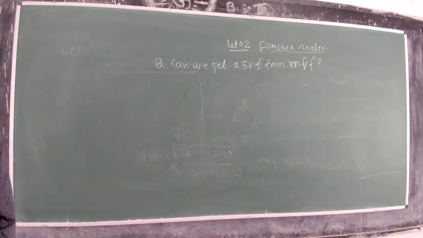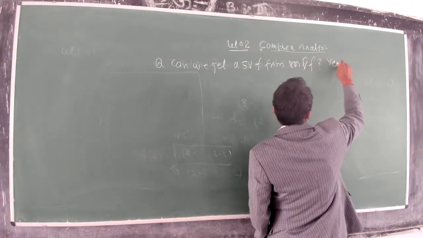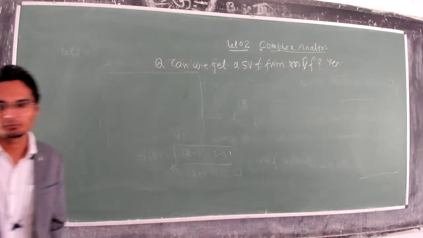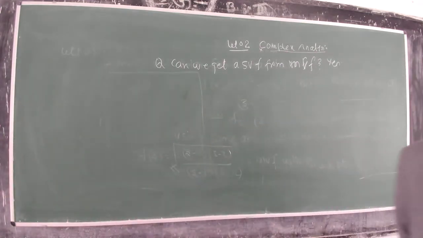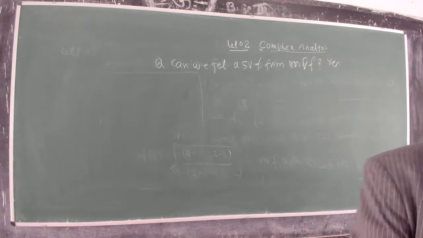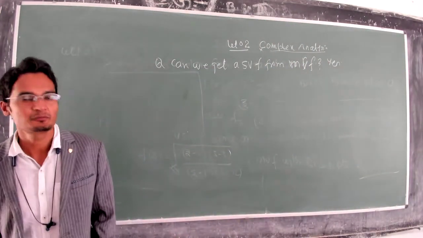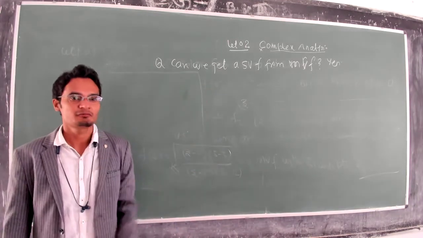It is obvious the answer is positive. If you go to a shopping mall and pay 100 rupees, you get one t-shirt, and if there is a buy one get one free offer, you get one more. But if you tell the shopkeeper you are not interested and take only one, the shopkeeper will also be happy. The same terminology applies here: if I have a multi-valued function, then we can get a single valued function.